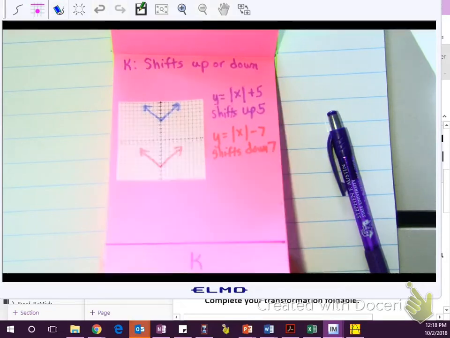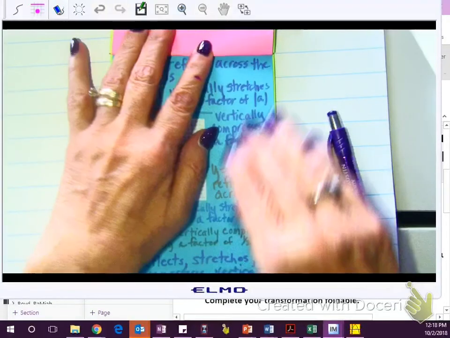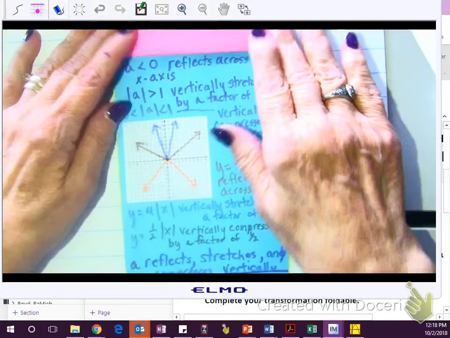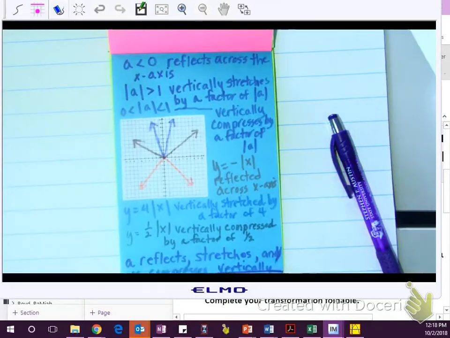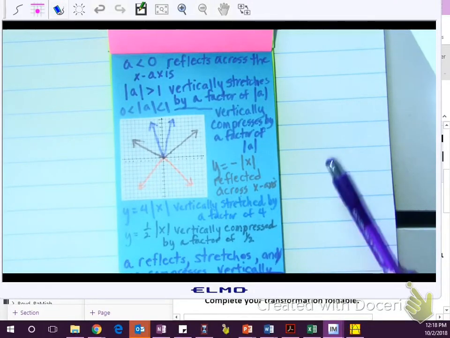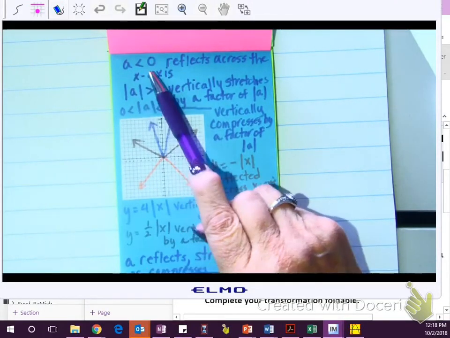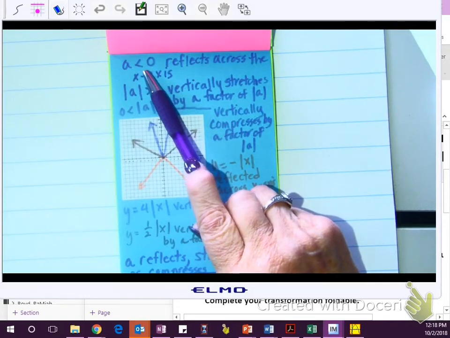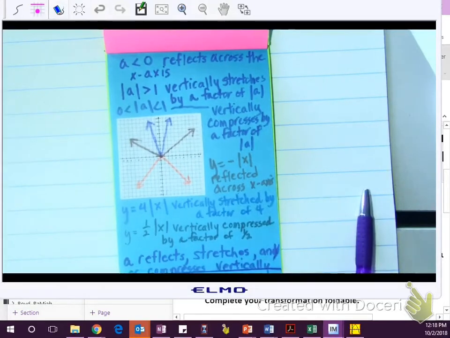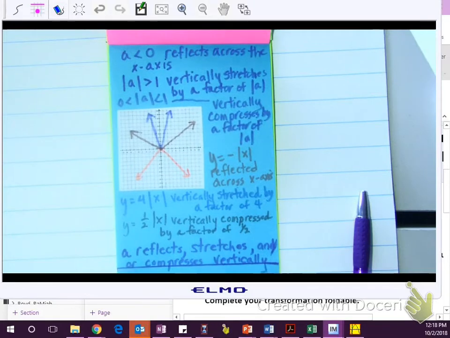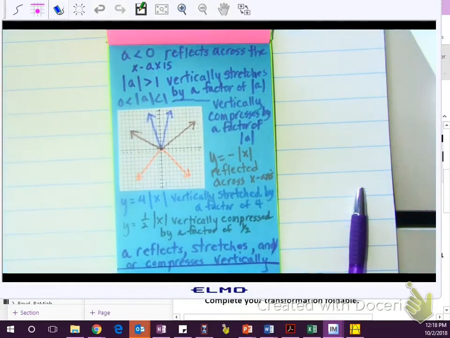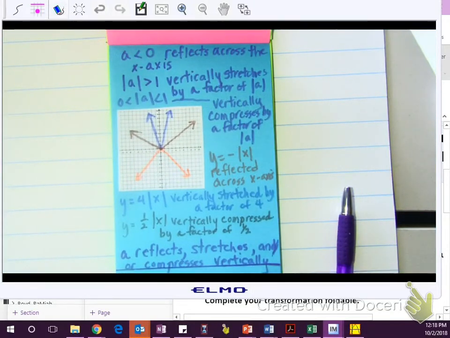The A value has several things that it does. First, if A is negative, that's what A less than 0 means, it reflects it across the x-axis. So this is a vertical reflection across the x-axis when A is negative.